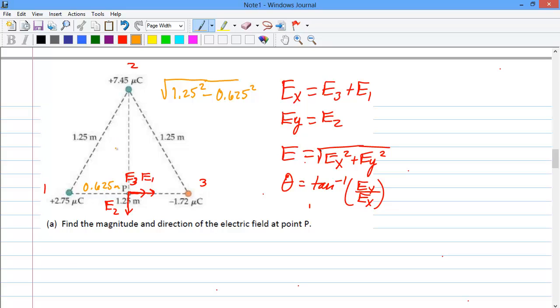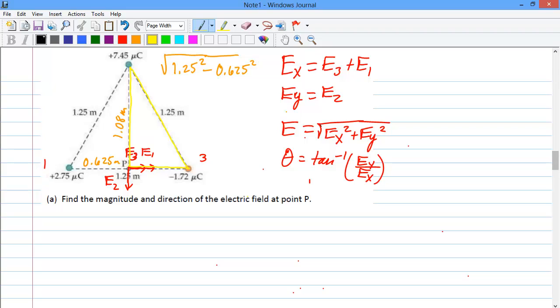When I put that into the calculator, I get 1.08 meters for that length. So what I'm looking at is this triangle right here, and that's a right triangle. The hypotenuse is 1.25, one of the legs is 0.625, and by the Pythagorean theorem I know that the other leg is 1.08 meters.